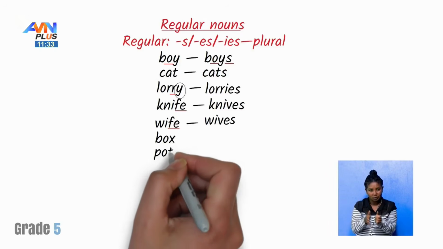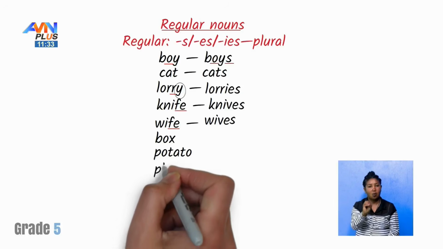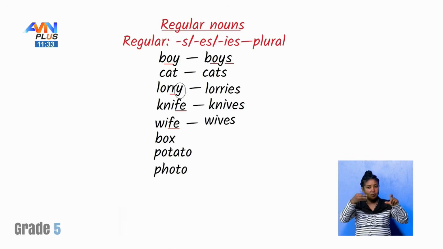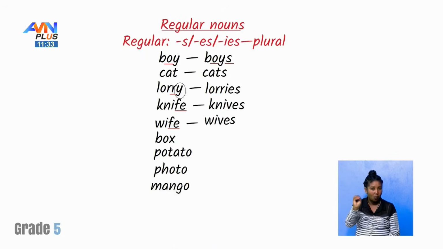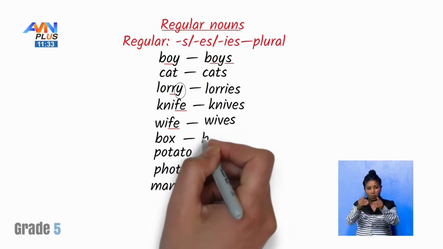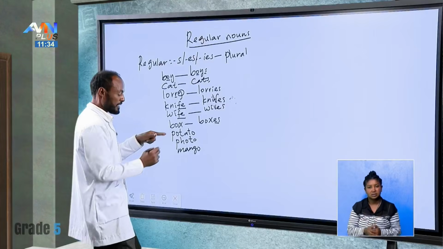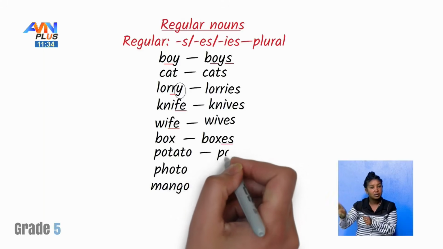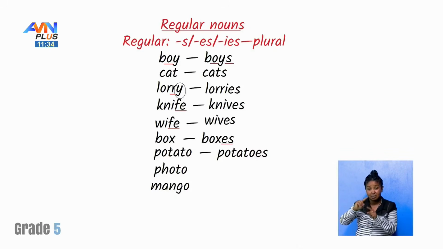If it is ended in O, just like photo, just like mango. Here, box, boxes. What about if it is potato? That should be potatoes. We add ES. But here is an exceptional case.